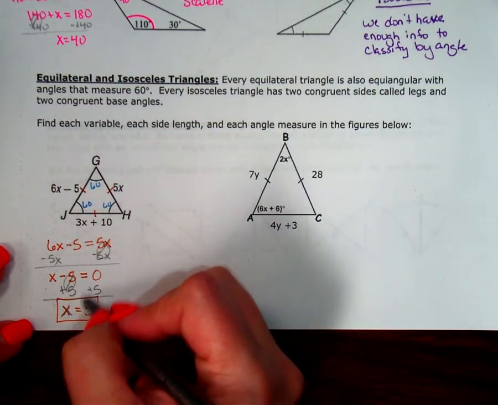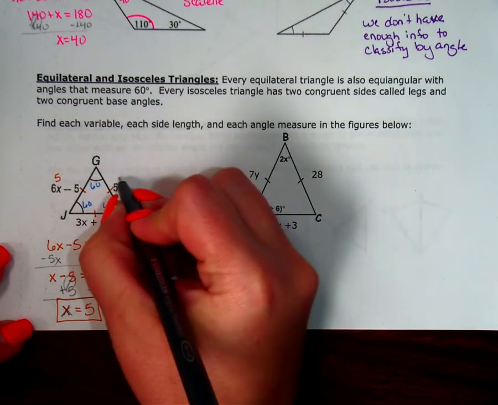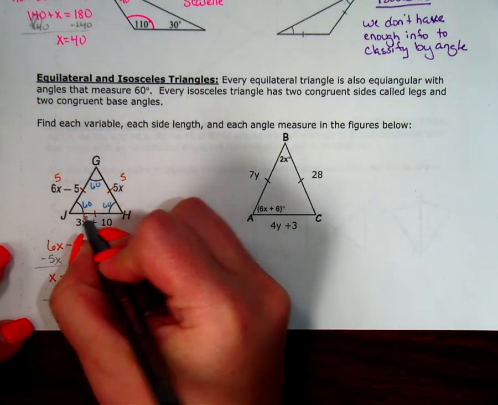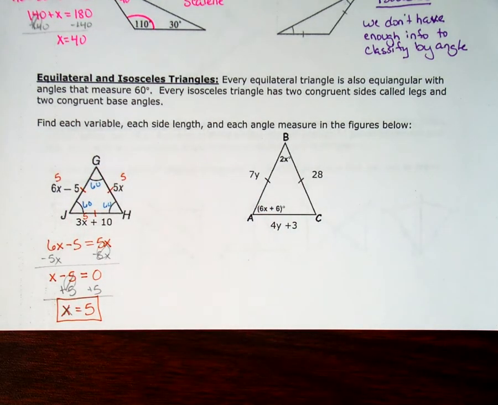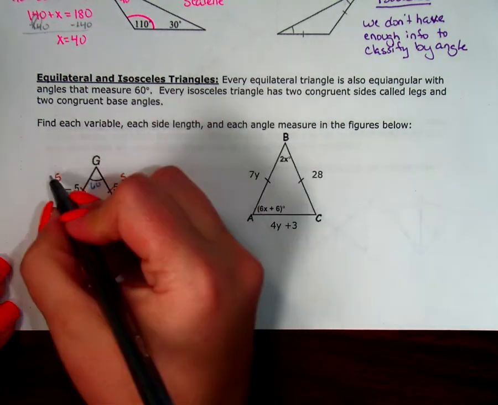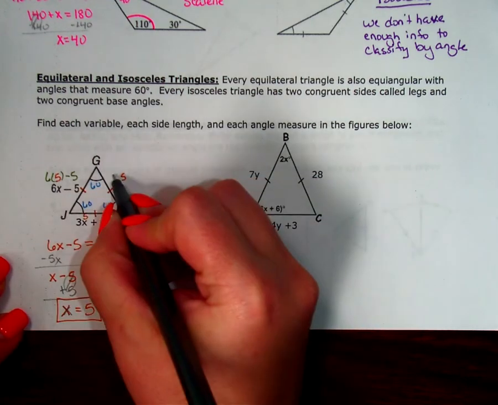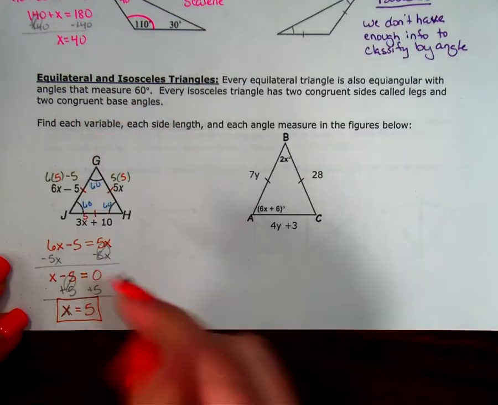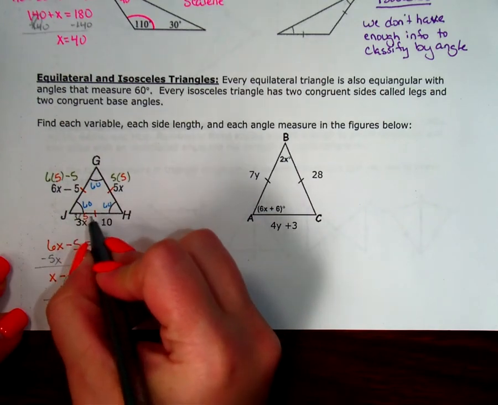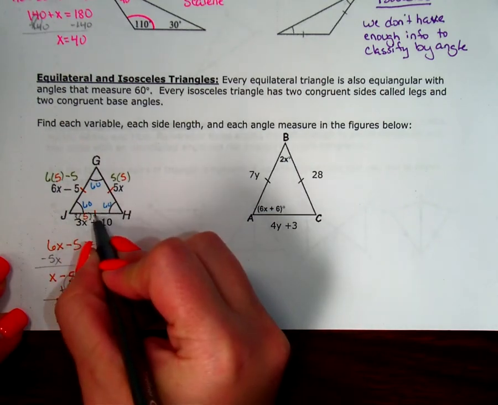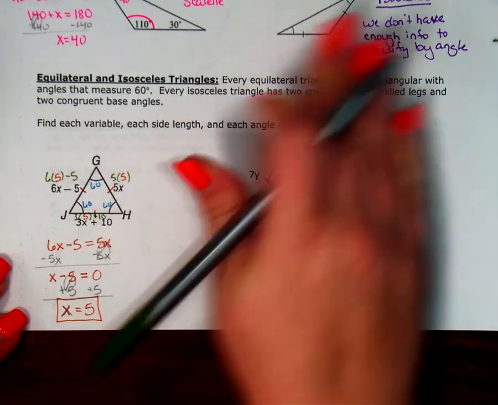So when I plug in the 5 into each of these x's, all of them should come out to the exact same side length. My side lengths are going to be 6 times 5 minus 5, and 5 times 5, and then 3 times 5 plus 10.